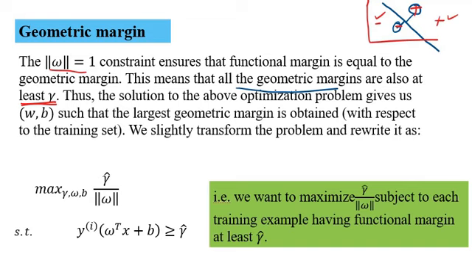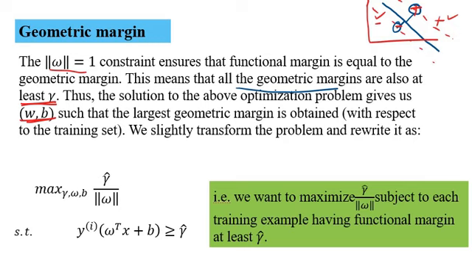Thus, the solution to the above optimization problem gives us w, b, or the decision surface such that the largest geometric margin is obtained with respect to the training set. We are maximizing this width. This is our gutter around the decision surface, and we want it to be maximized.